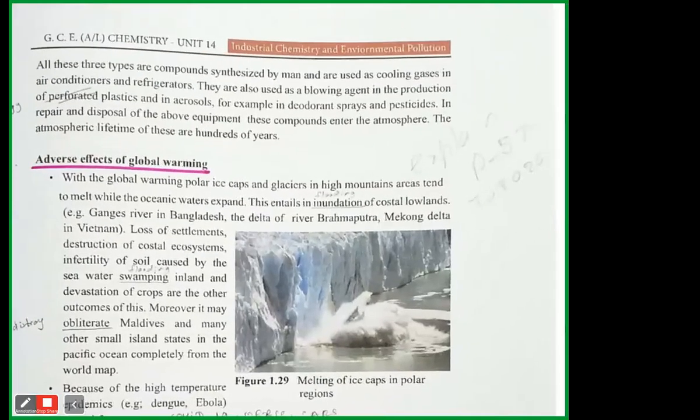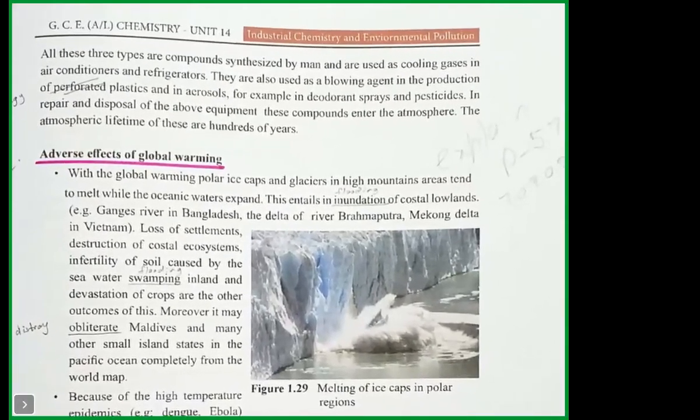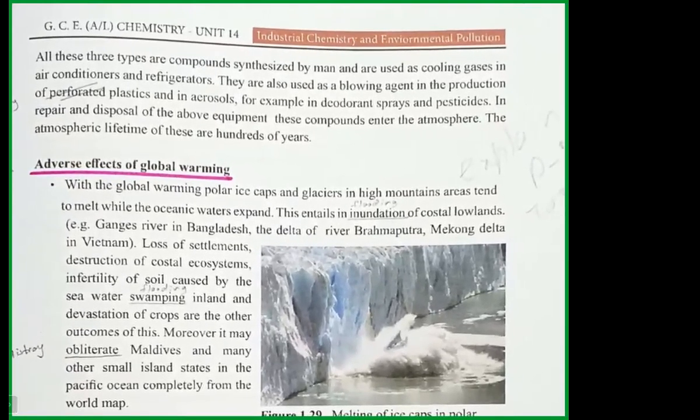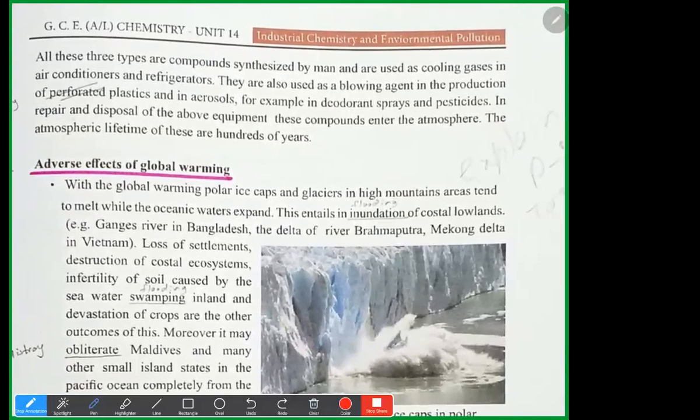All these three types of compounds are synthesized by man and are used as cooling gases in air conditioners and refrigerators. They are also used as blowing agents in the production of plastics, and in aerosols. Blowing agents mean you are making things like rigiform kind of structures.